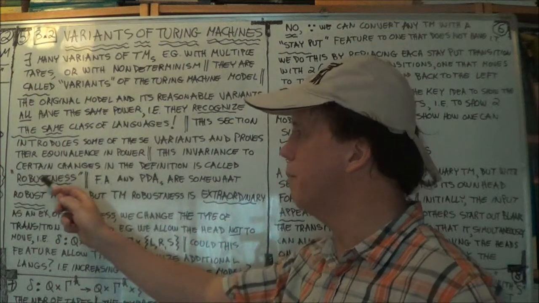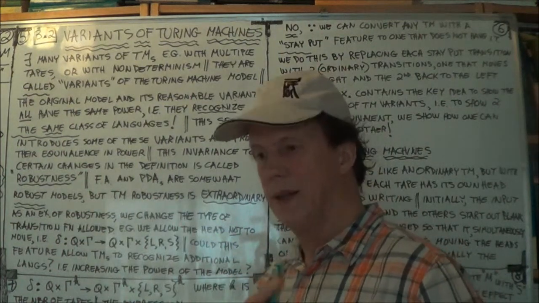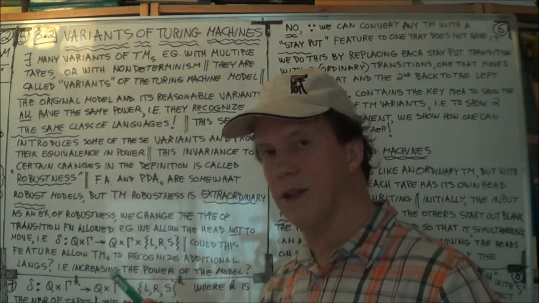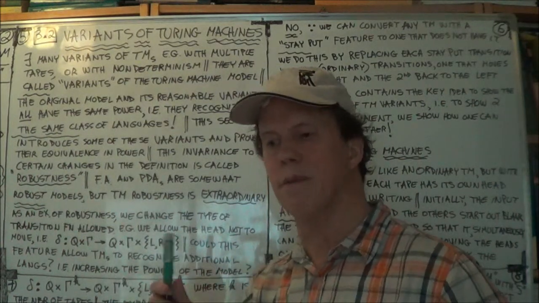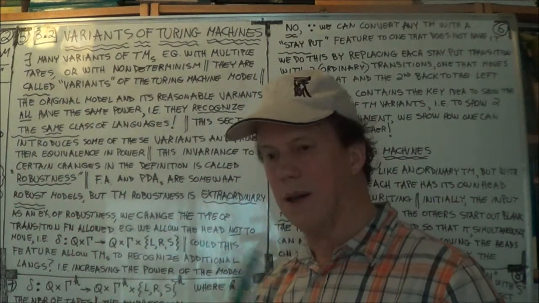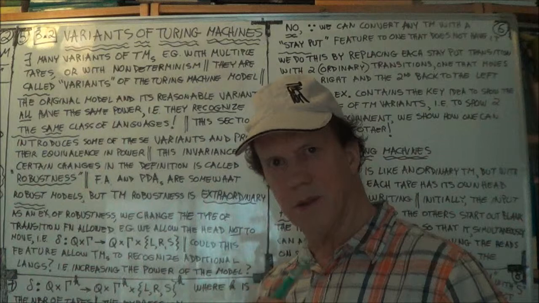In this context, robustness means that you can modify the Turing machine design somewhat, and it still functions like a Turing machine. The modified version, the variant of the Turing machine, is equivalent to the original design.